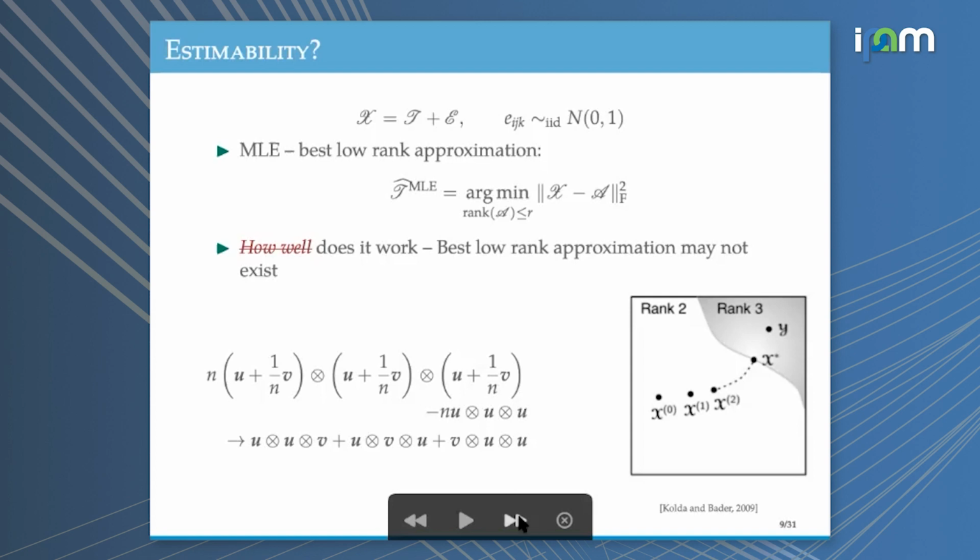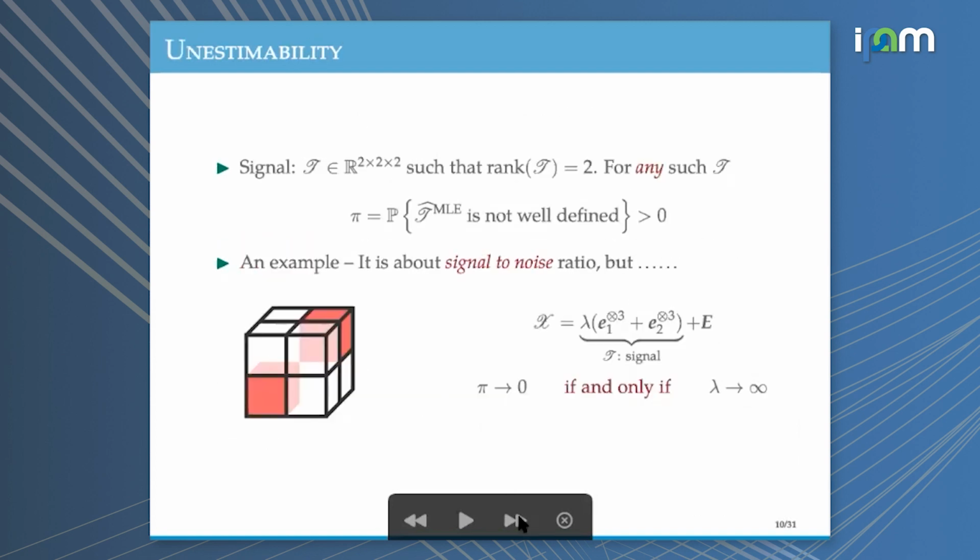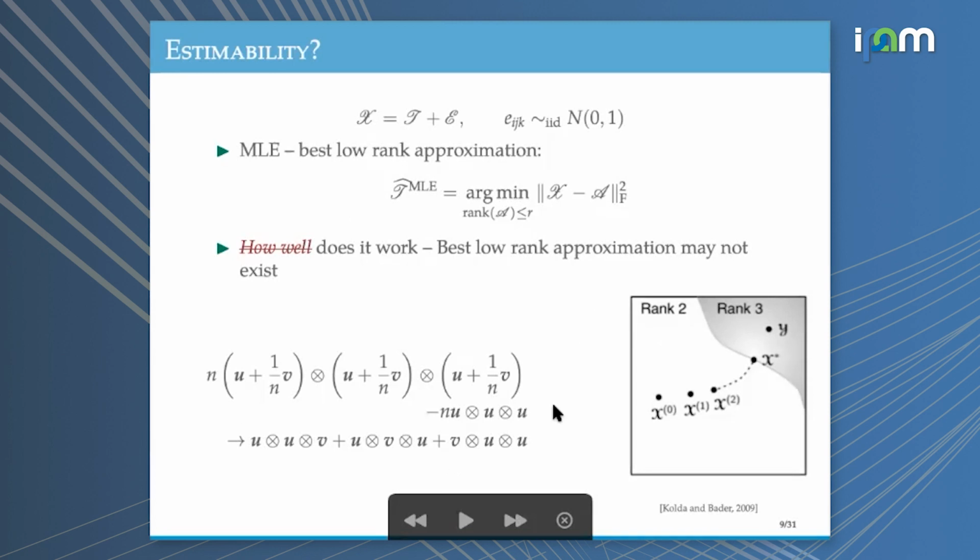Any other questions? Sorry, I have a question. Yes, go ahead. So you have an R in the MLE problem. Is this R fixed beforehand? Yes, this is basically the order of the rank, the number of elementary tensors you want in your signal, and this is usually fixed beforehand.